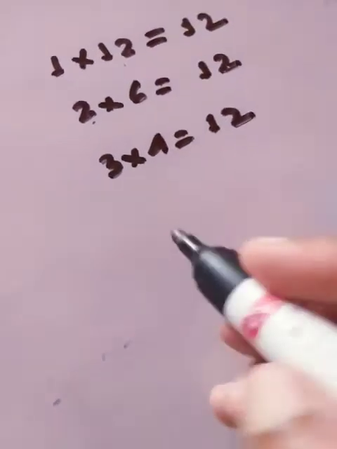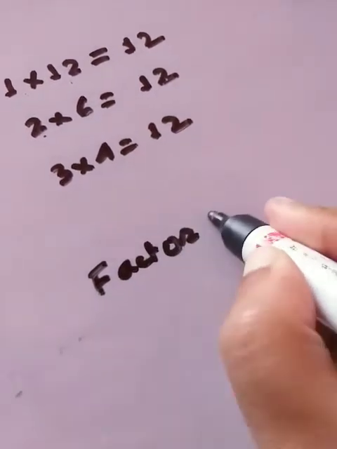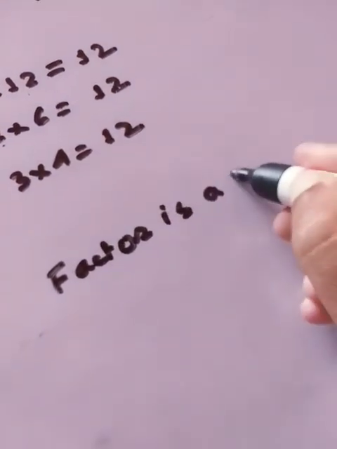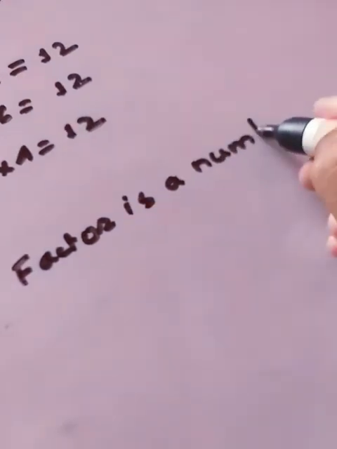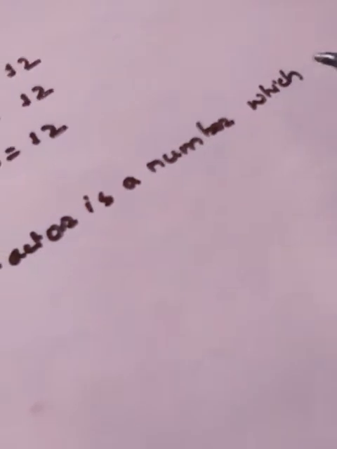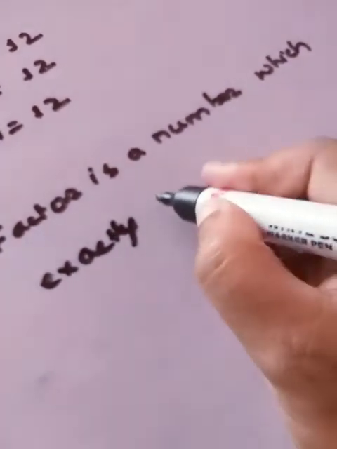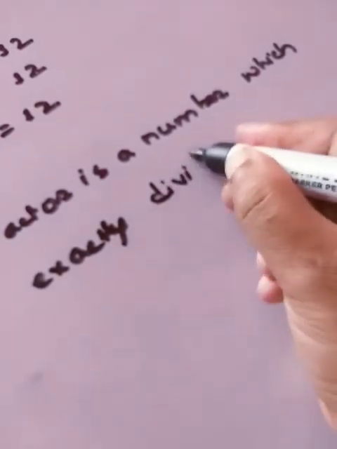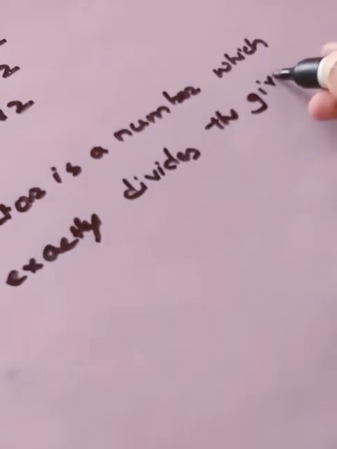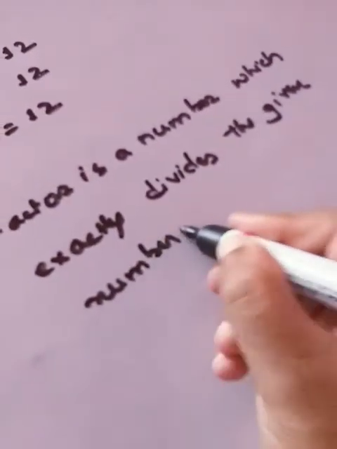So what is the factor then? So a factor is a number which exactly divides the given number. Fine. Now what is the given number in this case? The given number is 12.